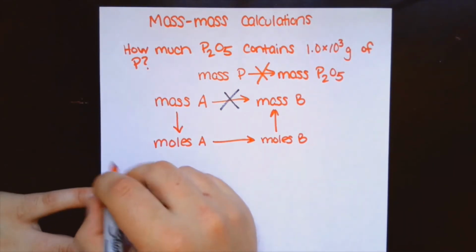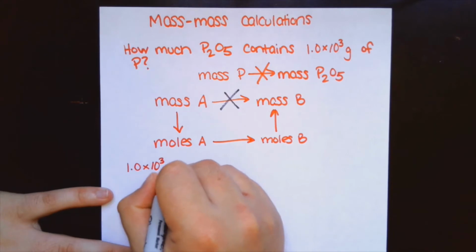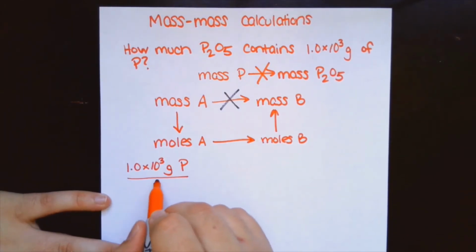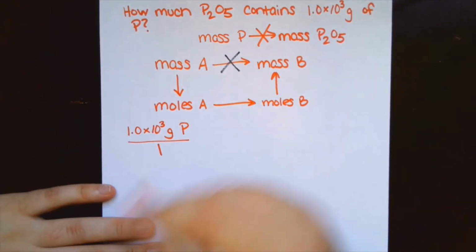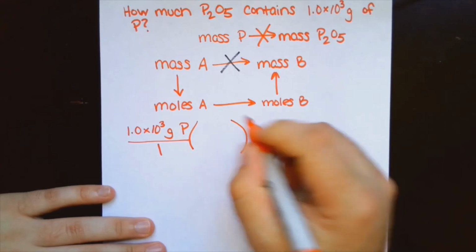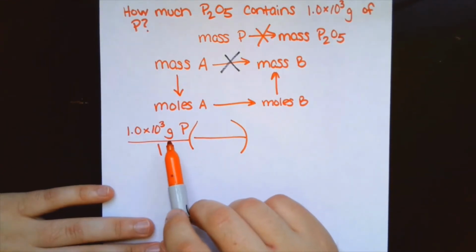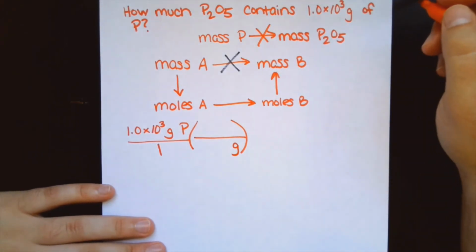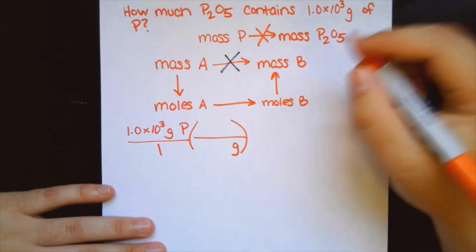So we're starting with 1.0 times 10 to the third grams of phosphorus. I'm going to put this over 1 just to try to make it still look clear. If we're trying to cancel out the units of grams here, and the grams is in the numerator, that means that we need to put it in the denominator so it can cancel out, because remember, anything divided by itself is 1.